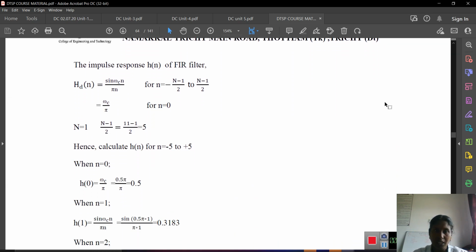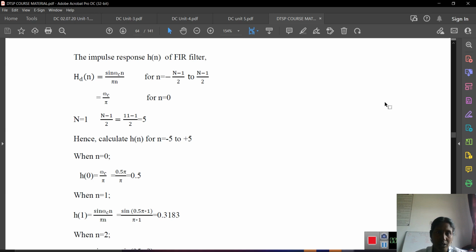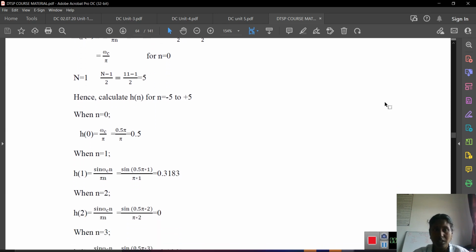Then we calculate h(n), the impulse response of the FIR filter. At a time we have to calculate H_d(n) equals sin ω_c n divided by πn, already we know. So we have to apply two conditions: n not equal to 0, for n from minus (N minus 1) by 2 to (N minus 1) by 2, otherwise for n equal to 0 it is ω_c by π.